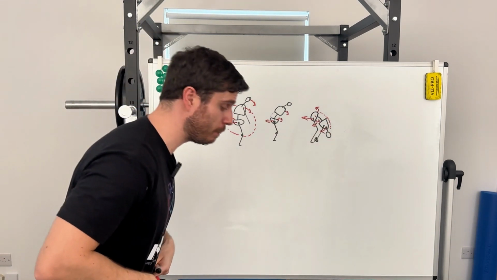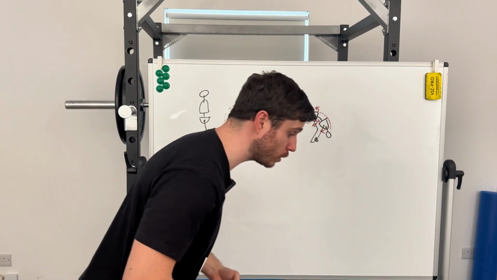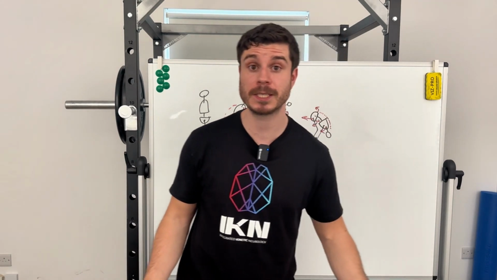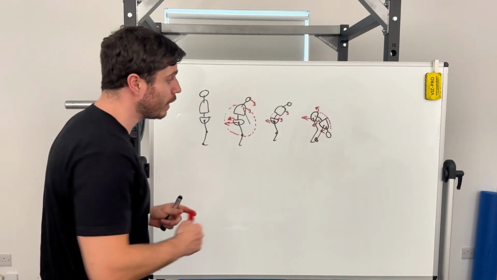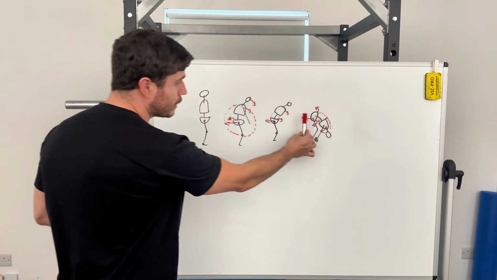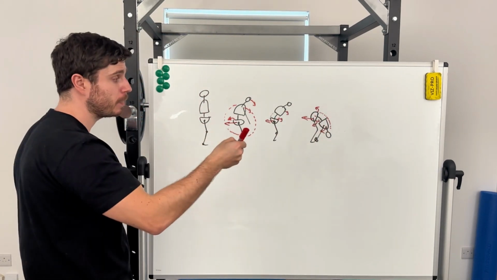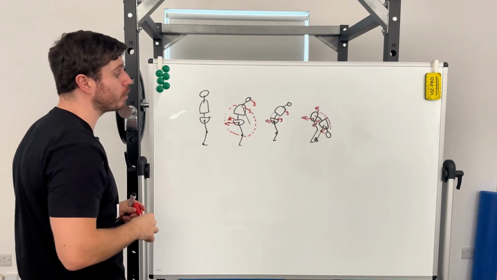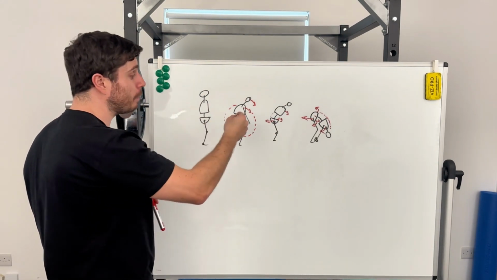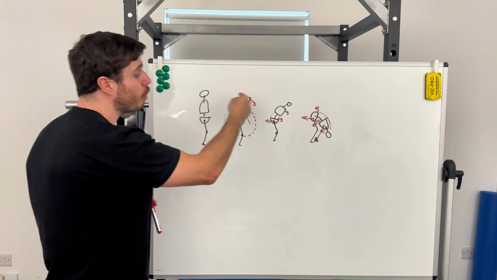Because if the pelvis was to translate forward, you're just going to fall flat on your face. Okay. So that will be a representation of a translation or a linear motion where it's moving on a linear path. Whereas what we're speaking about here is the motion of segments rotating on a curved path.